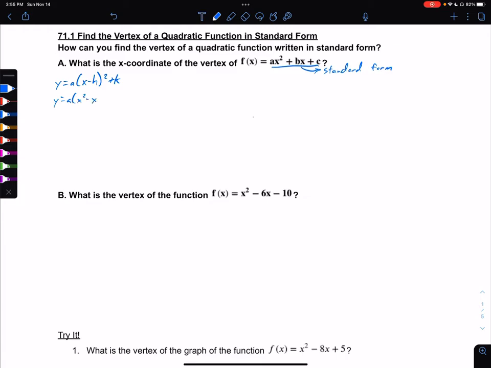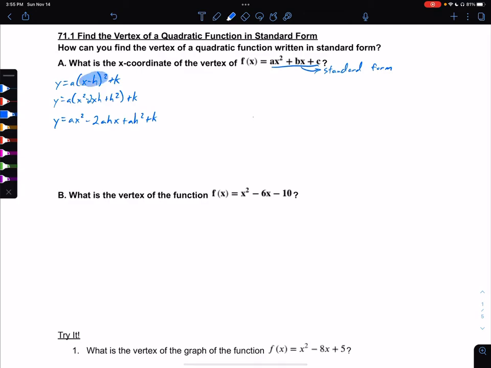You would get x squared minus 2xh plus h squared plus k. And then that would become y is equal to ax squared minus 2ahx plus ah squared plus k. Again, don't really worry about where that comes from, it's just multiplying that out.